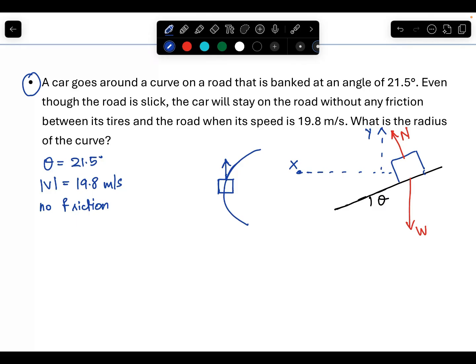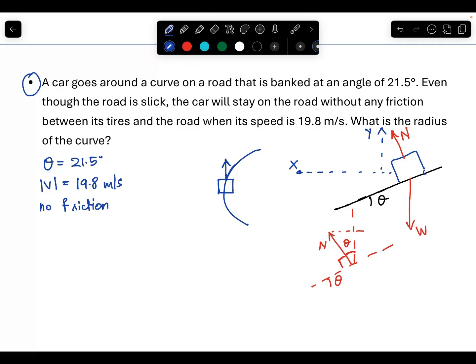So now the normal contact force N is going to have an angle with both the axes. So I'll draw N. I don't exactly know the angle here, so let me calculate that. If this particular angle is theta, if this is 90 degrees, this should also be theta.